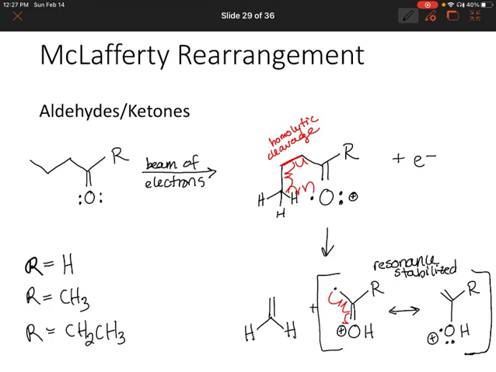All right, so let's figure out the mass of our product. So we have the R group, which could be hydrogen, methyl, ethyl, plus, let's see, we have 2 carbons, so that would be 24, 12 plus 12. We have an oxygen, which is 16.